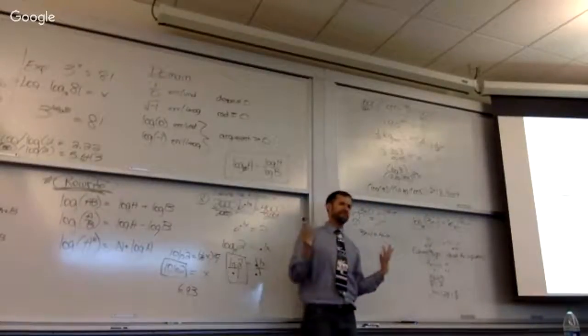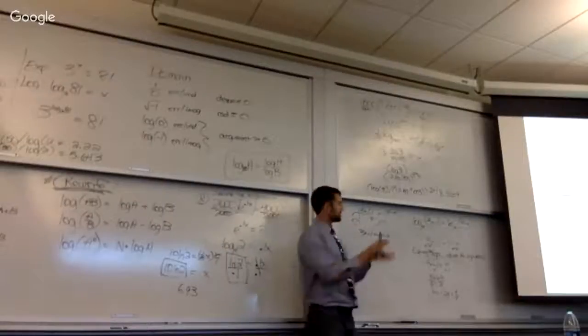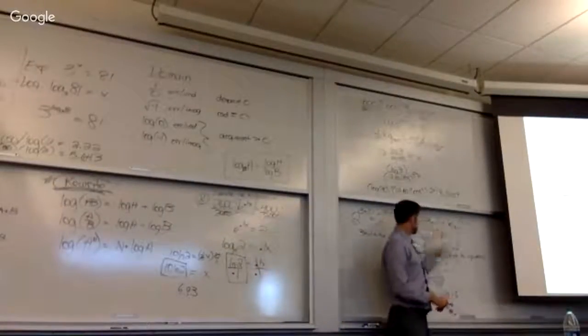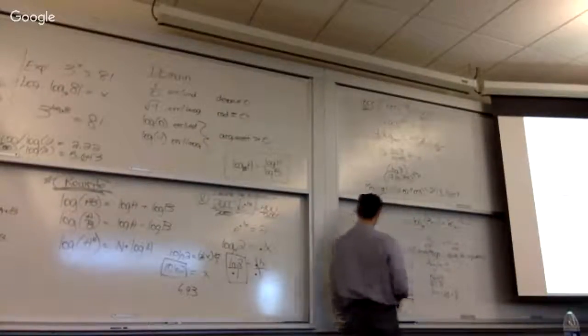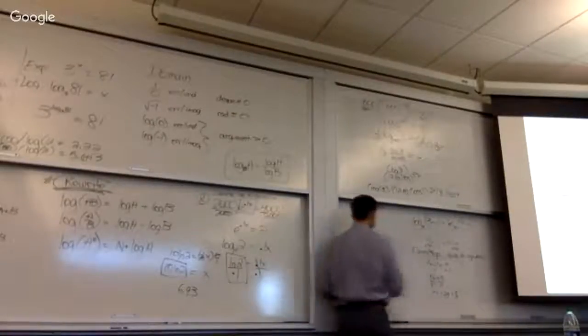You could almost say that's not even really a log problem. The log is just there in the initial setup, but you immediately equate the arguments with each other and do normal algebra. The same thing works in number 2. The algebra is just a little more exciting.